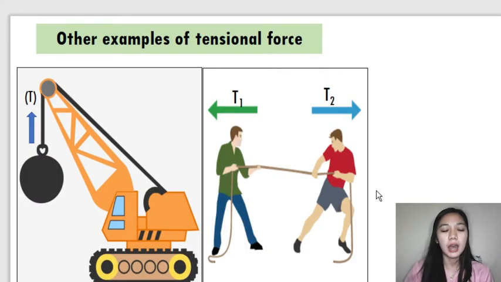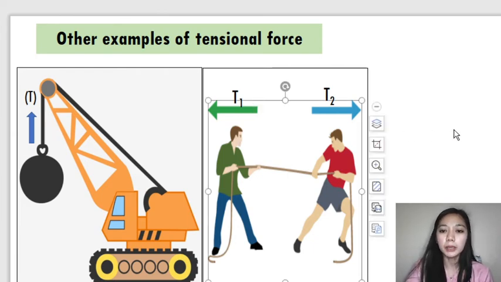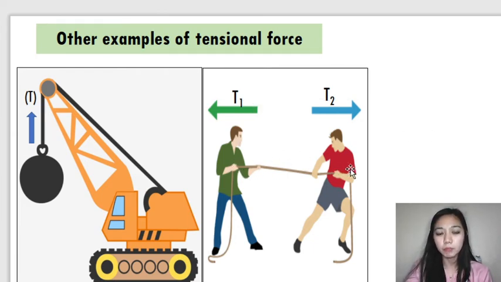Okay? Other examples, kung meron tayong wrecking ball, yung rope o yung chain ng wrecking ball ang nakaka-experience ng tension force. While in this example, sa example naman na ito, meron tayong two boys or two men who pulls the rope towards one another. Ngayon, itong rope natin ay nakaka-experience ng tension force. However, the direction of the tension force ay dalawa.